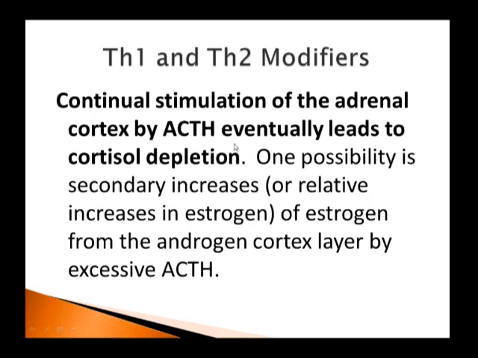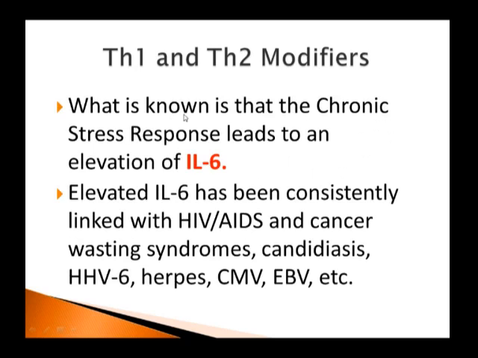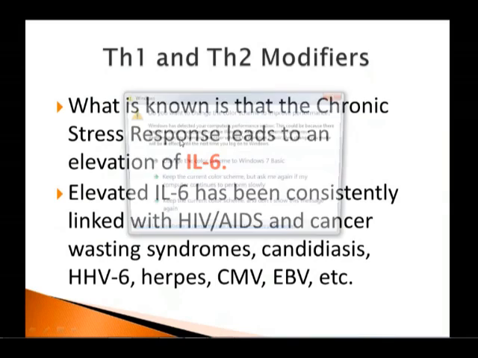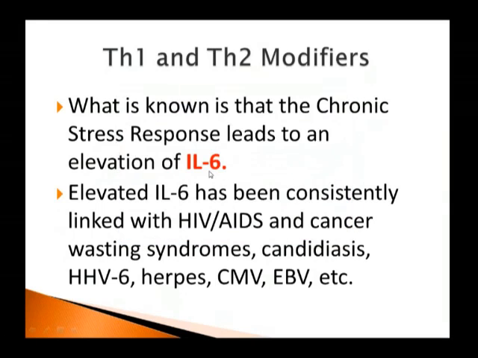Well, it turns out that continual stimulation of ACTH, as I mentioned before, over time causes cortisol depletion. Well, it turns out that one of the known chemical factors in our immune system that also is involved in this chronic stress response is a specific cytokine called interleukin-6.